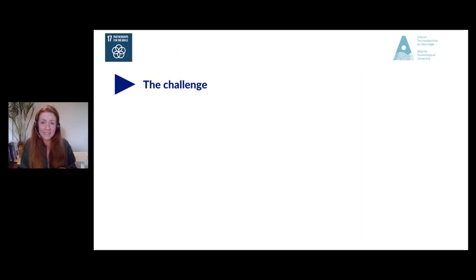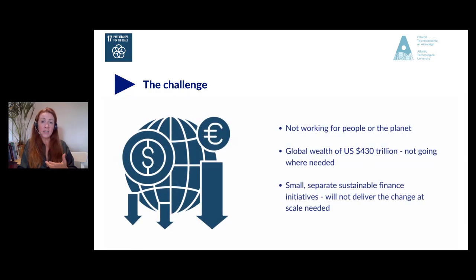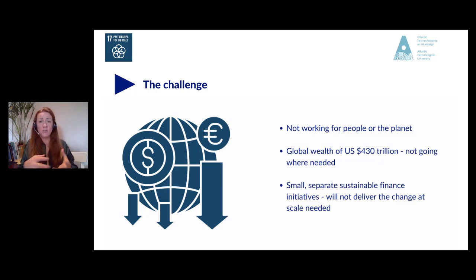Now, this is complex, and the challenge afoot is that finance in a global context is not working for the people or the planet. If we consider the global wealth of an estimated $430 trillion, it is not going where it's needed most under the current financial system.